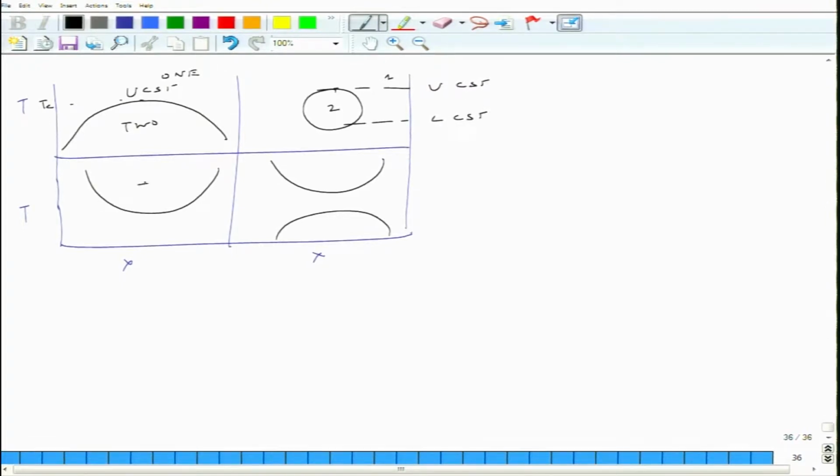Here is two phase, this is one phase, this is called LCST. This is two phase, this is two phase, this is one phase, and this is a little bit interesting because this is called LCST and this is called UCST. The curvature at the top, concave down, will be UCST.